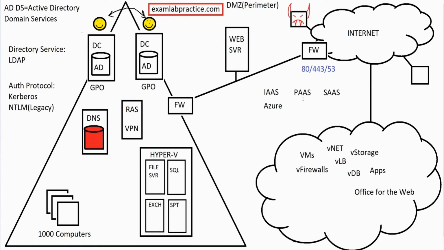Now, what is Platform as a Service? Platform as a Service is a system in which the majority of the configuration is done for us, but we still have some admin configuration we have to do to use it. For example, with virtual machines, this is 100% IaaS. On a virtual machine you can put whatever operating system you want, but you're responsible for the operating system and for the software that goes on it.